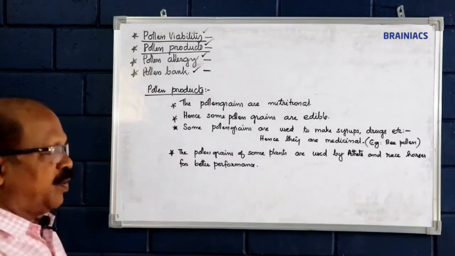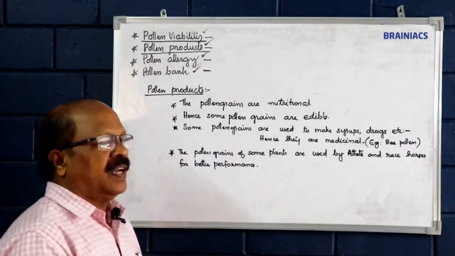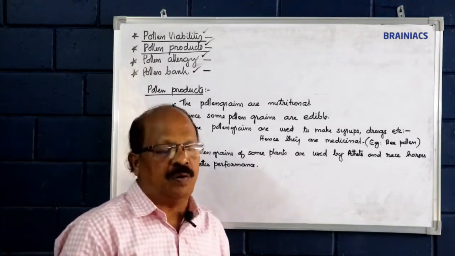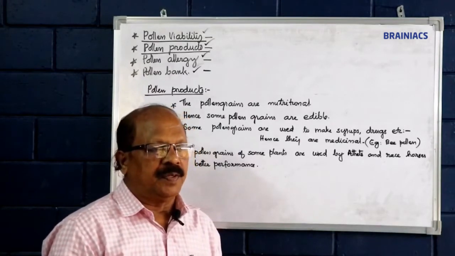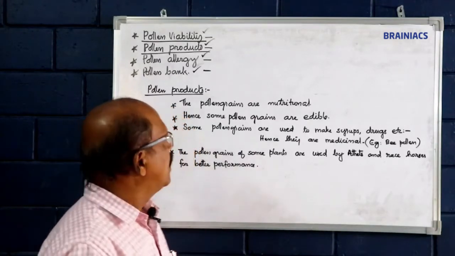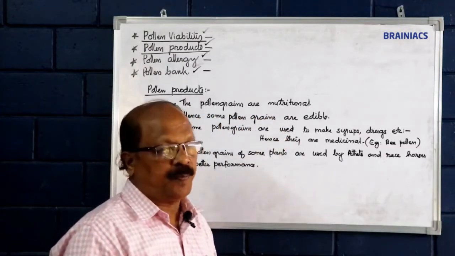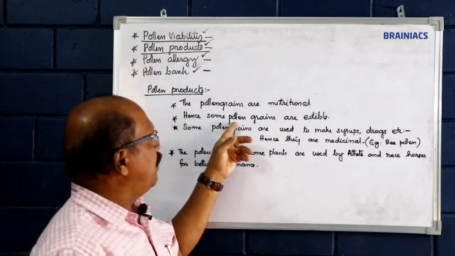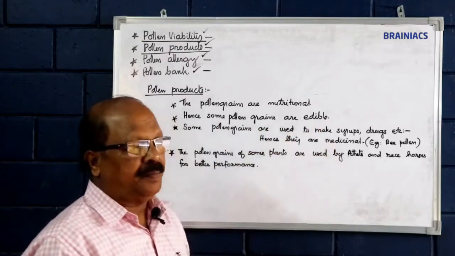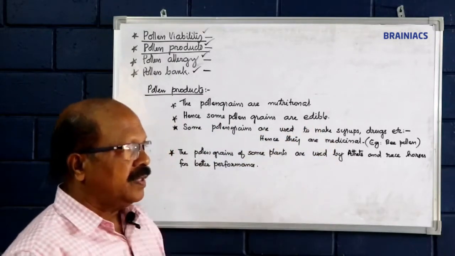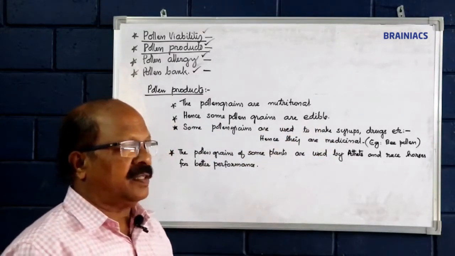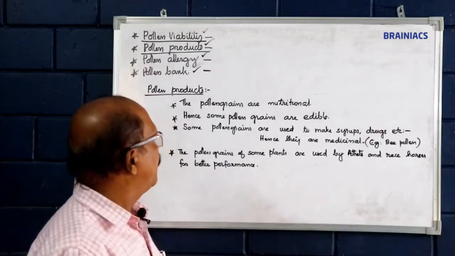See something about pollen grains. Generally, pollen grains are very small and they are nutritional also. Hence, some pollen grains are edible. They are taken as a stimulant, we can say.